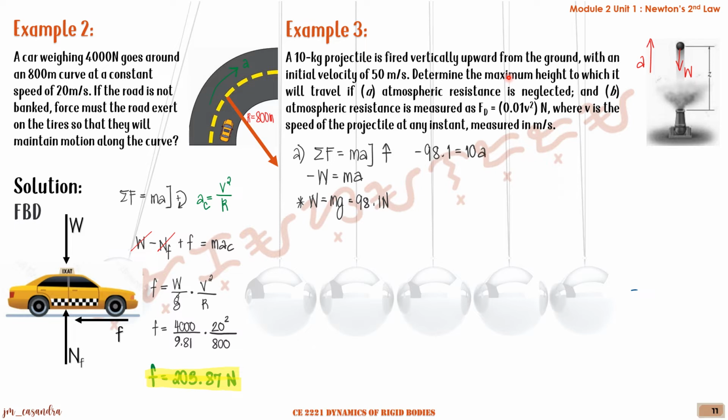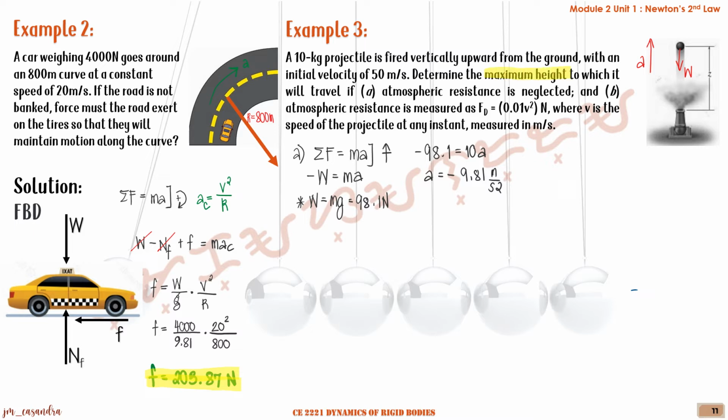Or the acceleration of the projectile when moving without air resistance is equal to negative 9.81 meters per second squared. We do not stop here, since what we want to solve is our maximum height.